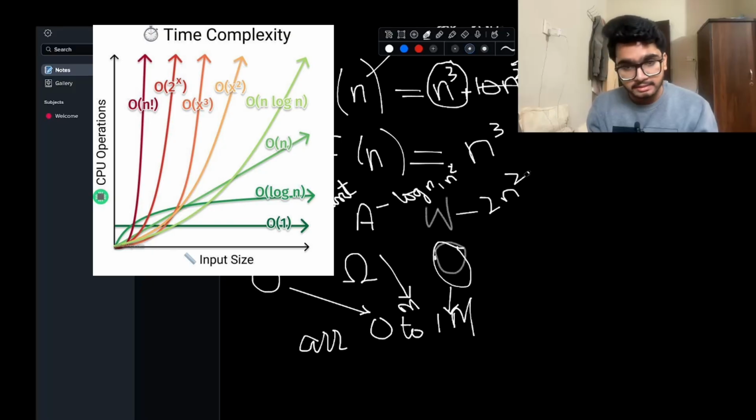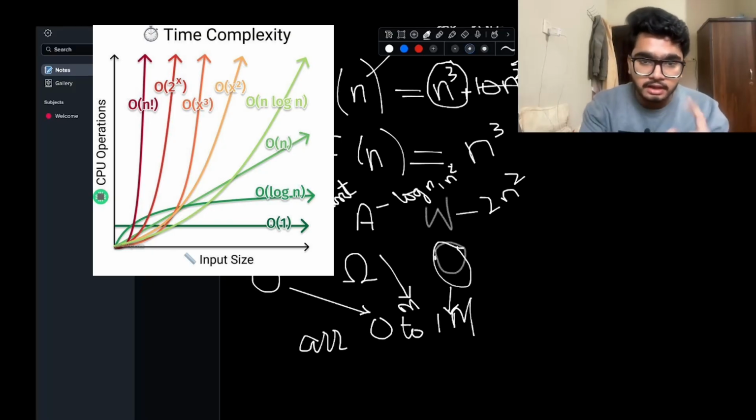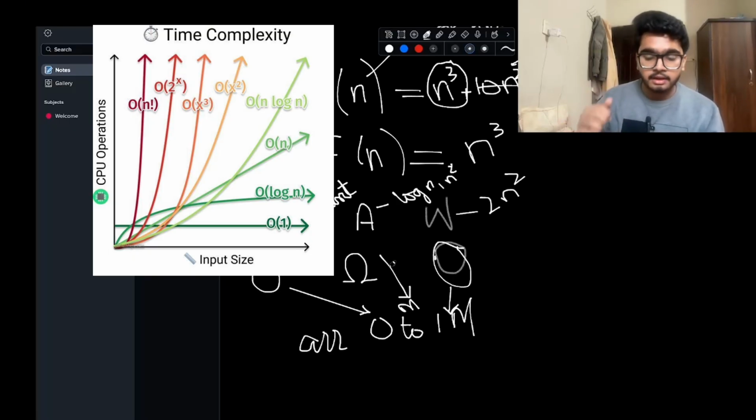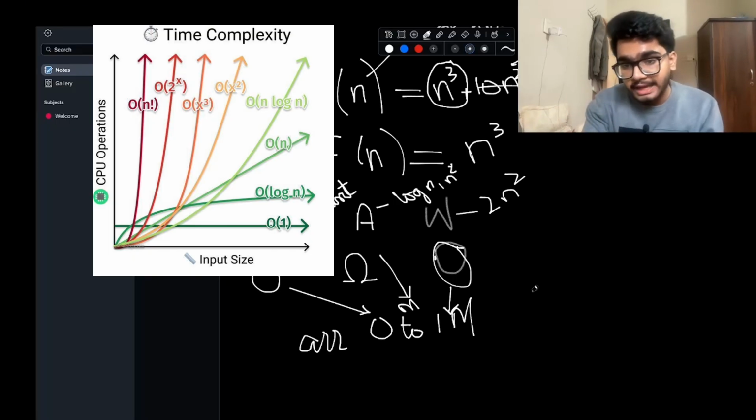O of 1 is the best case, which is constant. I forgot to write that here. For constant we have O of 1, and nearest to the best case we have O of log n. After that we have O of n. After that we have O of n log n.